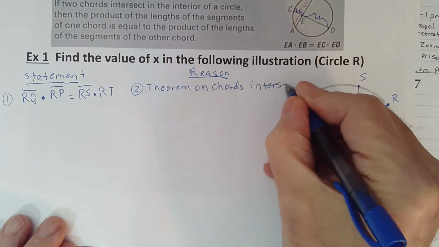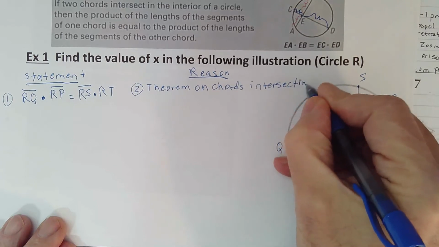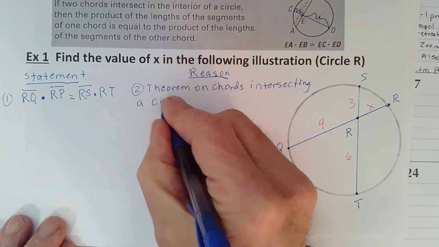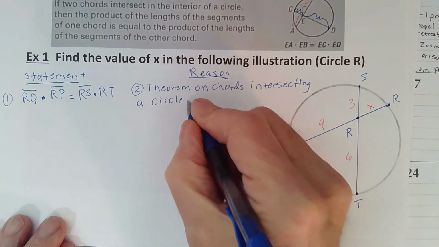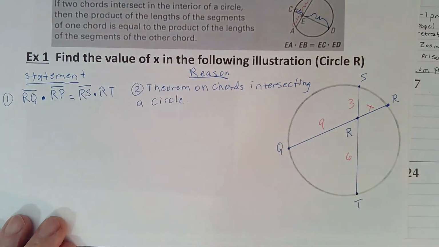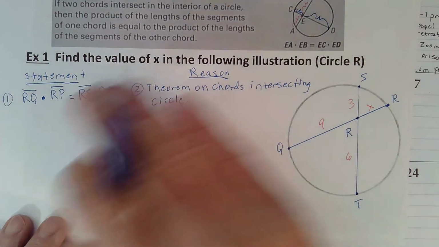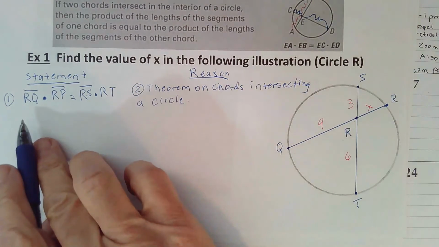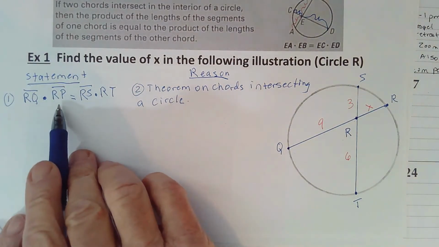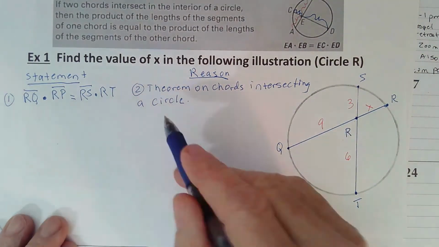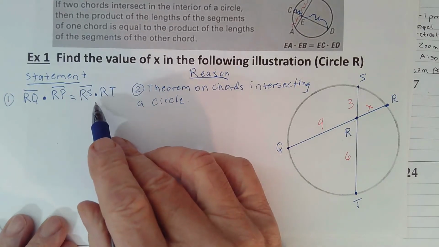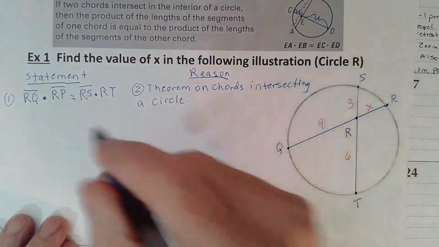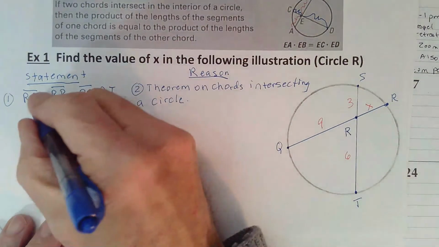Some ancient philosopher figured that out and tested it, and his successors tested it, and they never could get it to do it incorrectly. It always did the same thing. If you took the two segments of a chord, multiplied them together, that should equal the two segments of the intersecting chord multiplied together inside the circle.